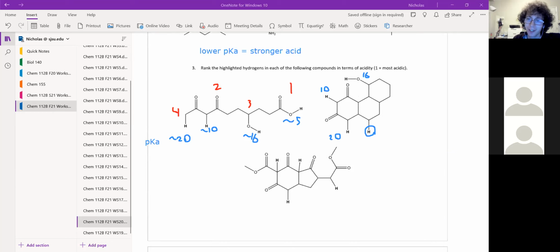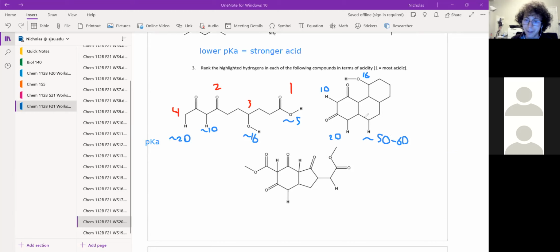It has a very high pKa value. You should just have the idea that it's between 50 and 60 in mind. It's very high. It's not much of an acid at all, but that is the number to have in mind.